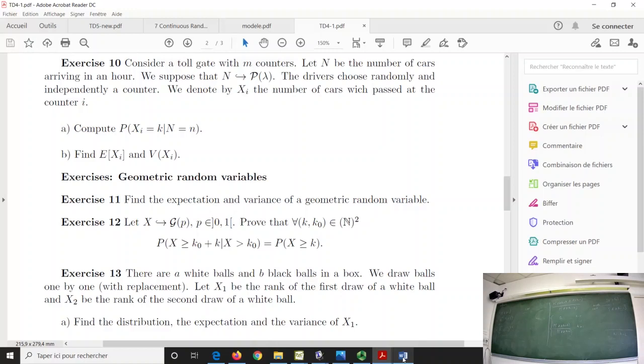In the case of the geometric, the sum starts from 1. So I want to make the sum start from 1, and I have to change my index.